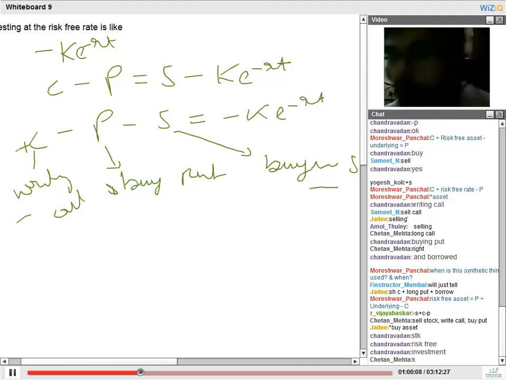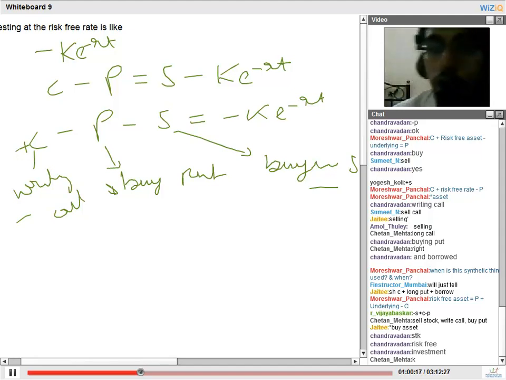He can create it by writing a call on the Nifty, buying a put, and buying the underlying Nifty index. Or with any stock, he can use the futures or the options on any stock to create a synthetic risk-free position. So you understand, when the underlying market for the asset is not very liquid and the market for options is more liquid, or the underlying for the stock is more liquid, you can use a synthetic position.